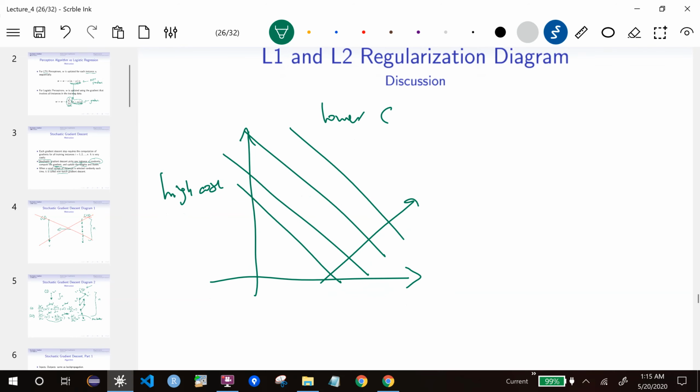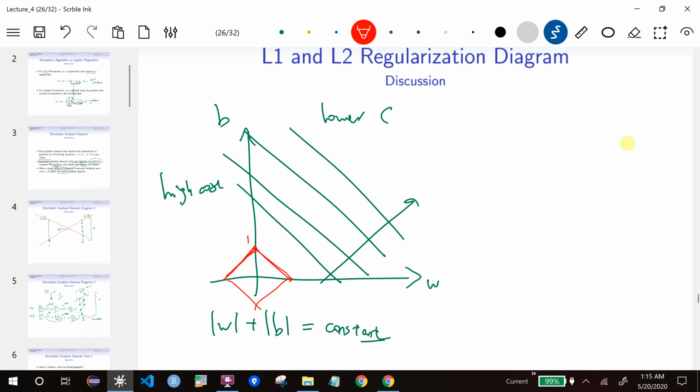What kind of points would have the same sum of, say, absolute value of the weight and the bias? Say the constant is 1, then it will be this. Right? So here will be 1, here will be 1.